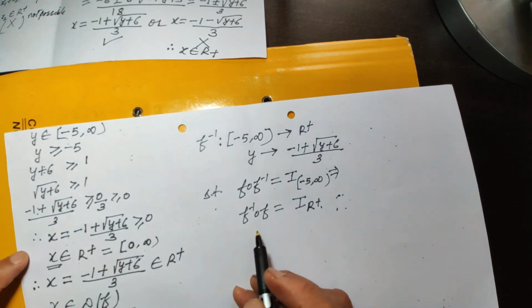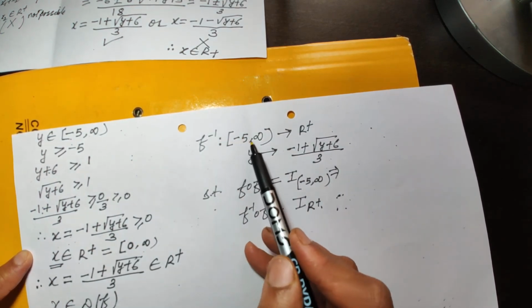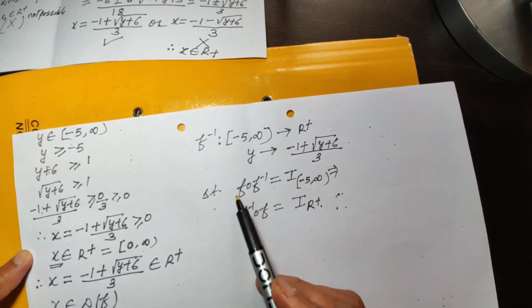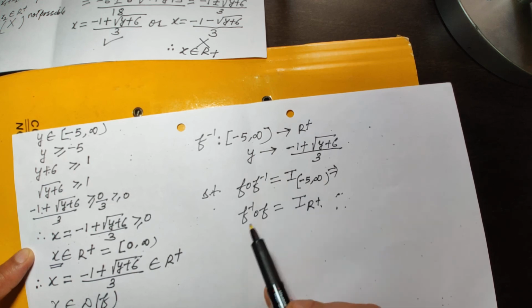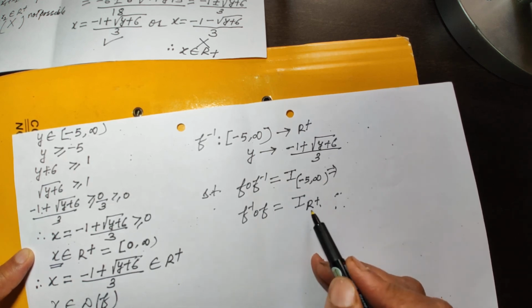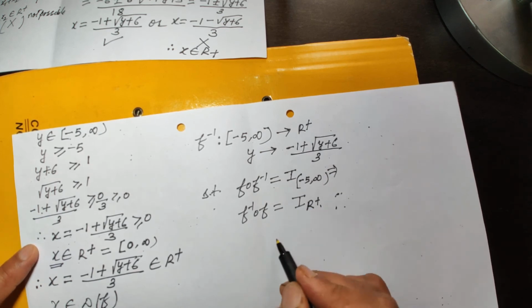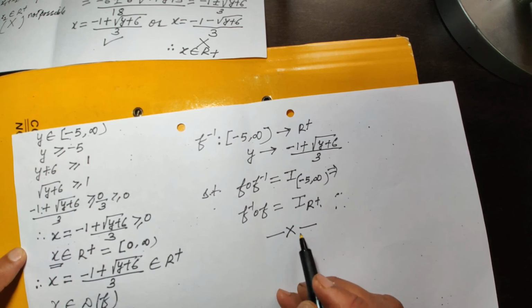Hence I have proved that f inverse exists, and f is also 1, 1 and onto, and the composition of f with f inverse is an identity. Same way, f inverse composition with f is also an identity function. This is one of the ways of proving that such a function is 1, 1 and onto.